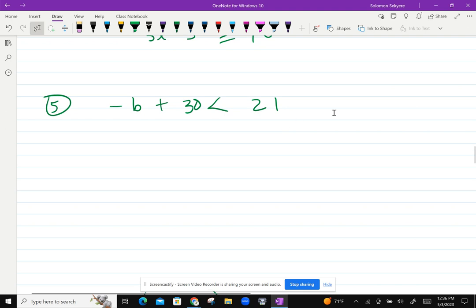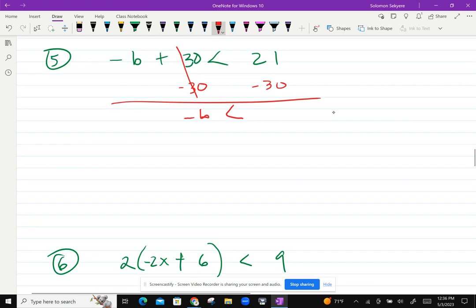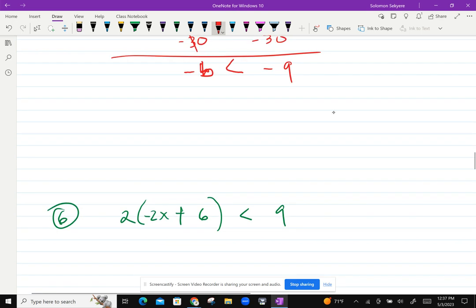Okay, so what about here, number 5? Negative b plus 30 is less than 21. Let's solve that. So subtract 30 from both sides, right? You have negative b, that goes away. Negative b is less than negative 9. Okay, I want b, so I have to say this is negative 1b.